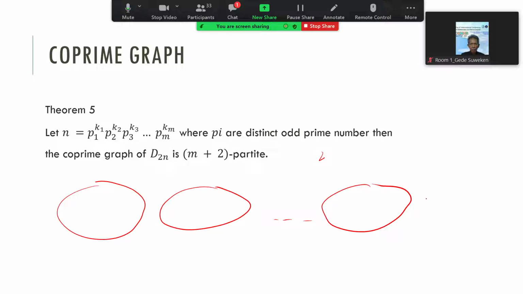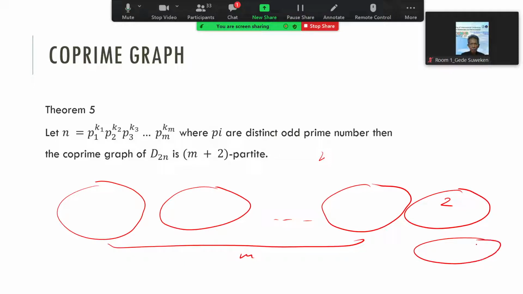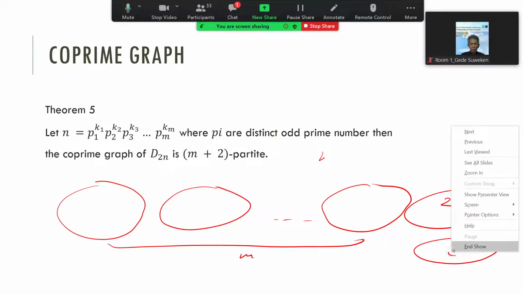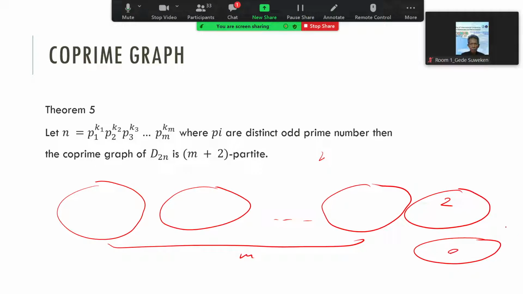So we have m partitions. The other two partitions are, first, all the reflection elements, which are all the elements that have order 2, and the last one is the partition that contains only identity. So we have m plus 2 partite.